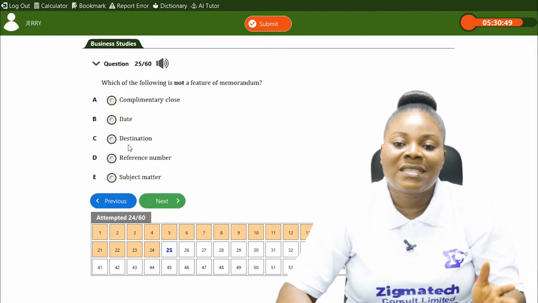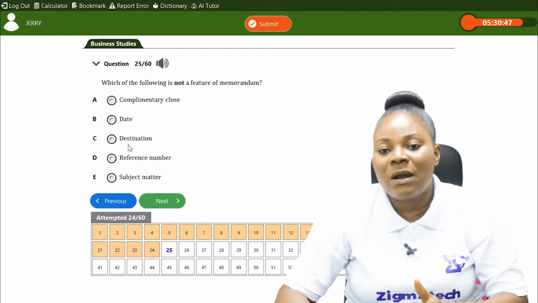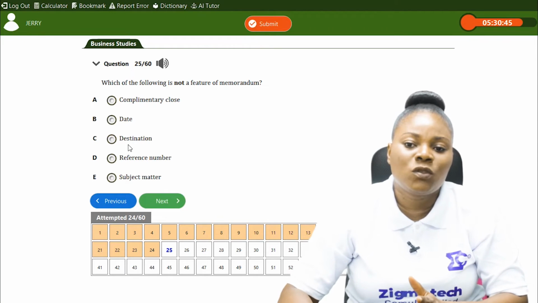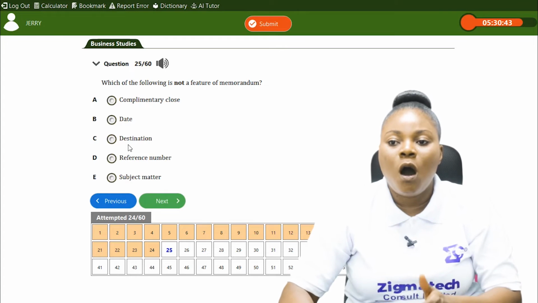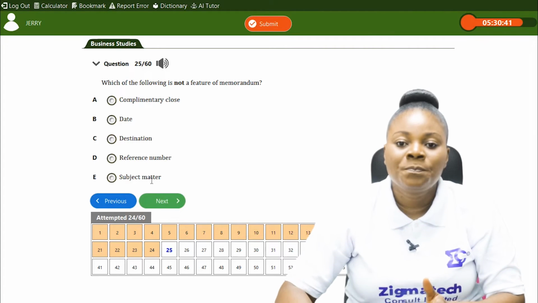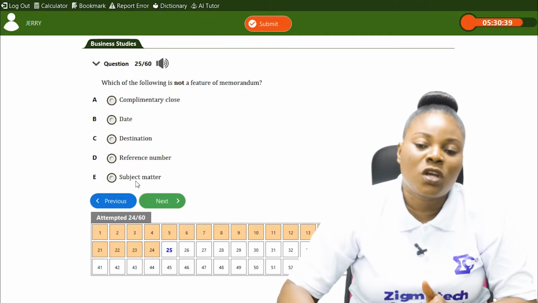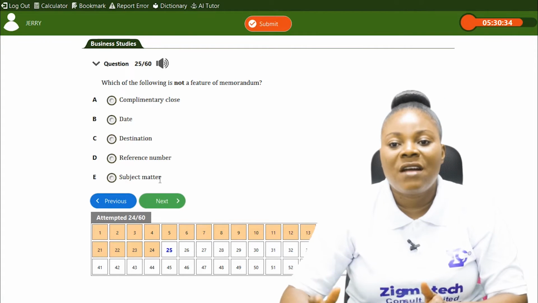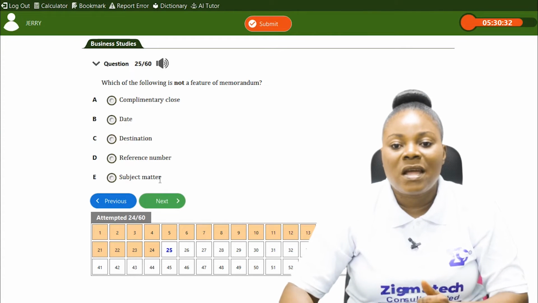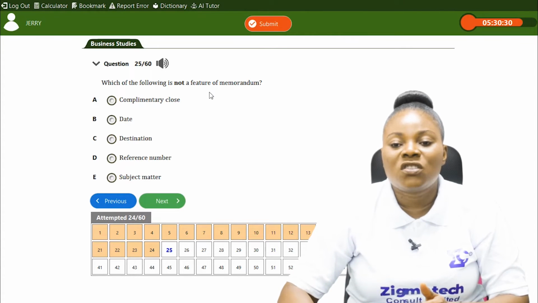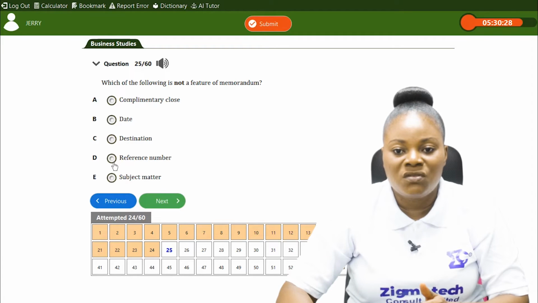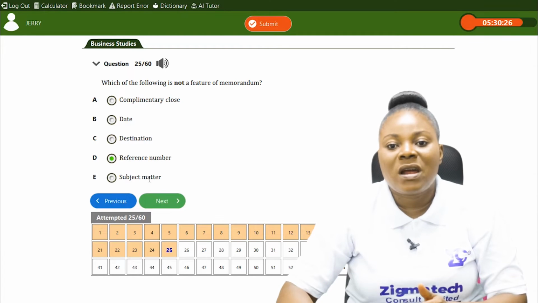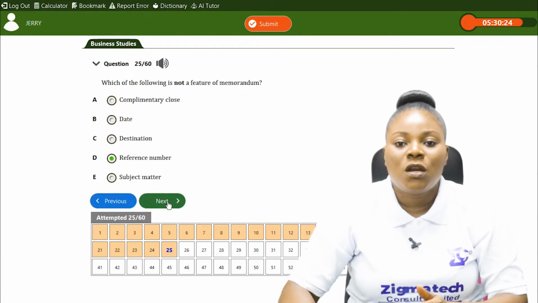That means where the letter originates from and where the letter is meant to be sent to, all within an organization. Then every memorandum has a subject matter. There is a title, a subject for every memorandum sent. So which of these is not a feature of a memorandum? It is reference number. A memorandum does not have a reference number.